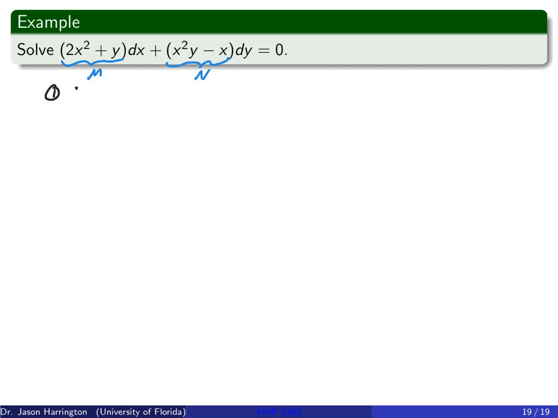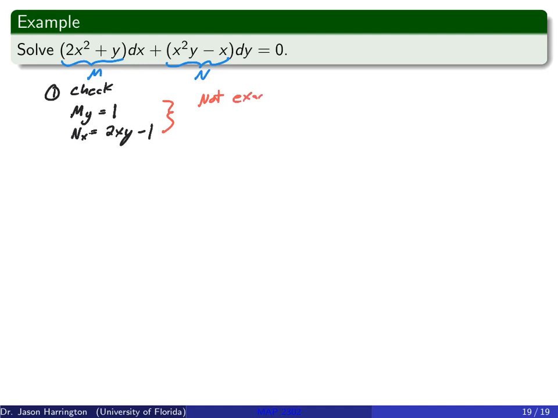So I'm going to check. I'm going to take the partial derivative of m with respect to y, and I just get 1. And then I'm going to take the partial derivative of n with respect to x, and that's going to give me 2xy minus 1. And after some heavy calculations, you can see that they're different. So it's not exact.